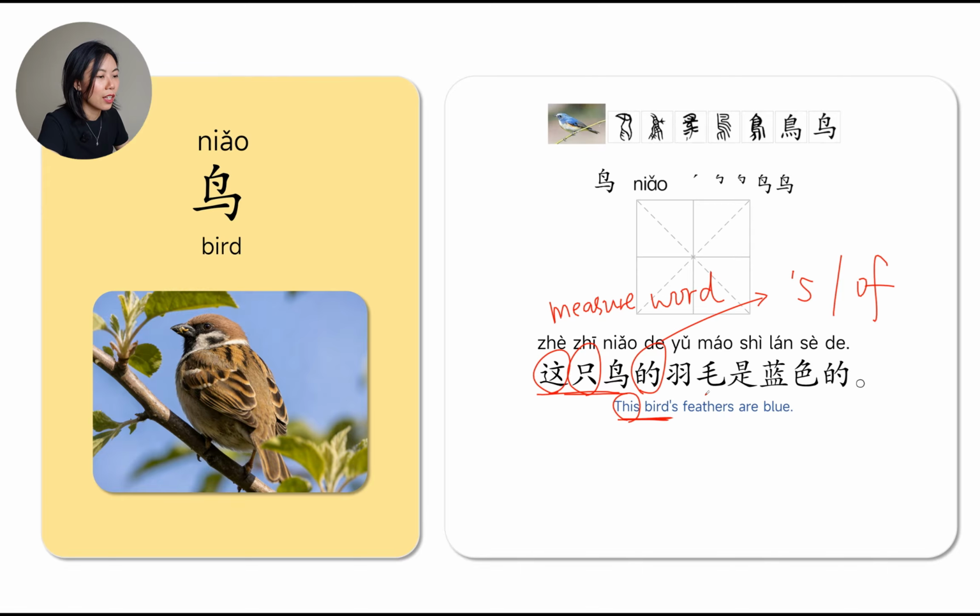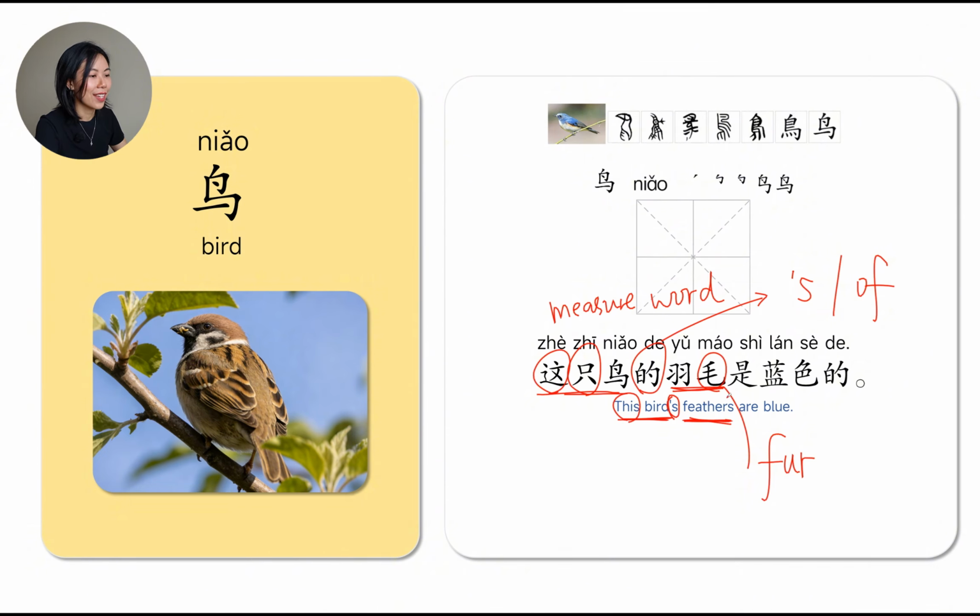Okay? So here is the 's. 羽毛 is feather. Interesting thing to talk about is that 毛 itself is fur, but 羽毛 is feather. So for 狗和猫, they got 毛, but the 鸟, it got 羽毛.